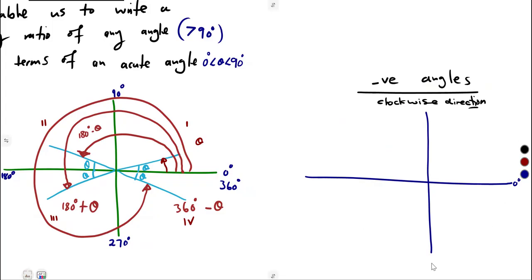So it'll be 0, negative 90 degrees, negative 180 degrees, negative 270 degrees, back to negative 360 degrees. But remember, it is a negative angle that we are referring to. We are working with the negative angles. So this is going to have an effect on our presentation: minus 90, minus 180, minus 270, minus 360.